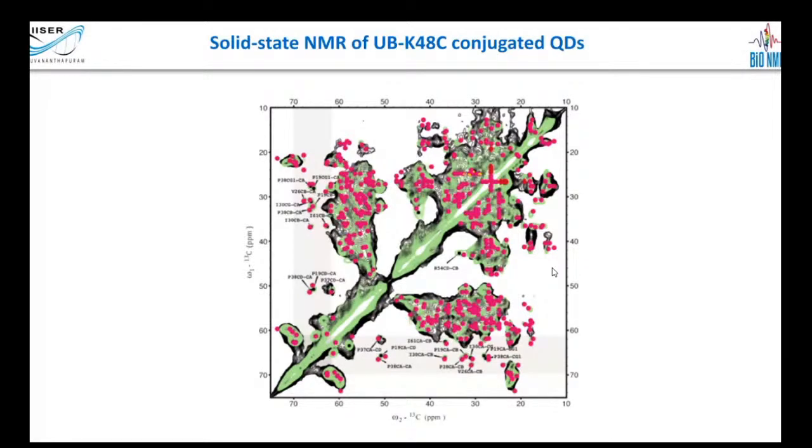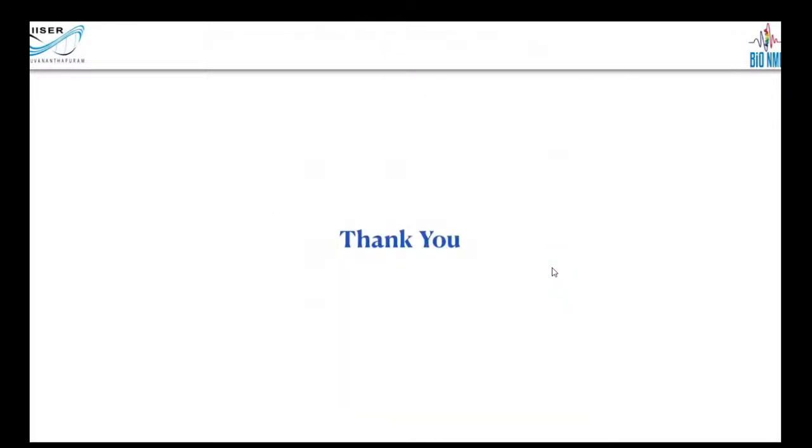And we found that in this area there are no black signals, which tells you that when the protein is conjugated to the quantum dot, the protein structure has considerably changed. At least some part of the structure has changed.